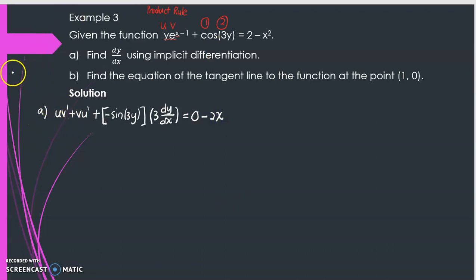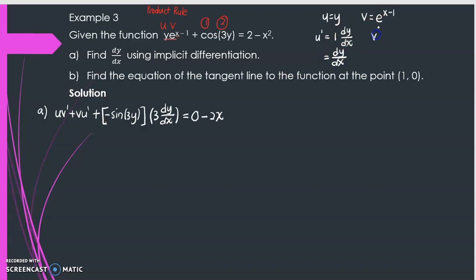So now I substitute in our u and v. Let's say u is equal to y, and v is equal to e to the power of x minus 1. So u prime, differentiate y, we should have 1 dy/dx, or we can just write dy/dx.